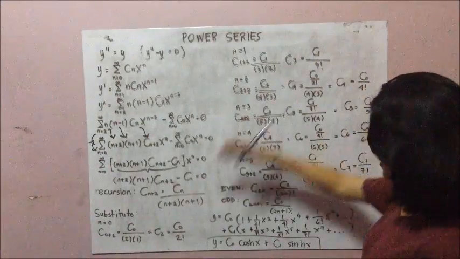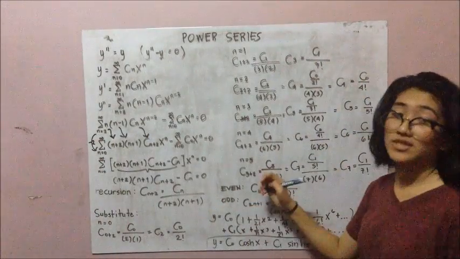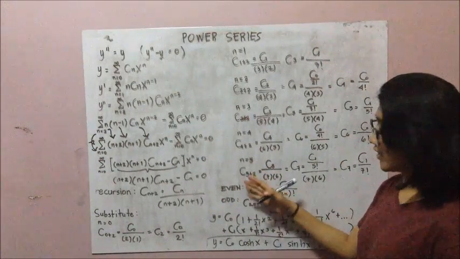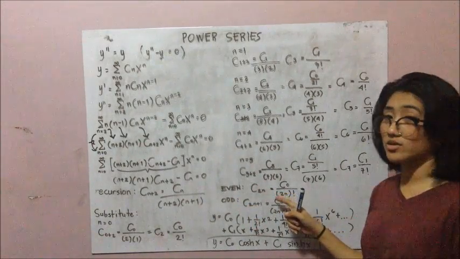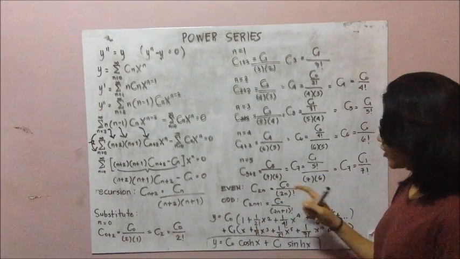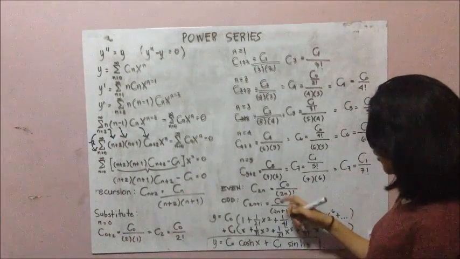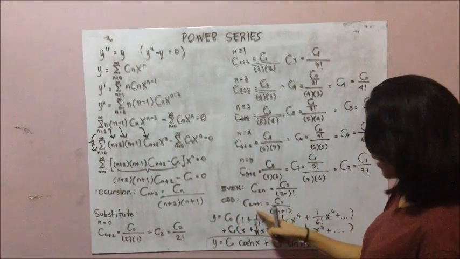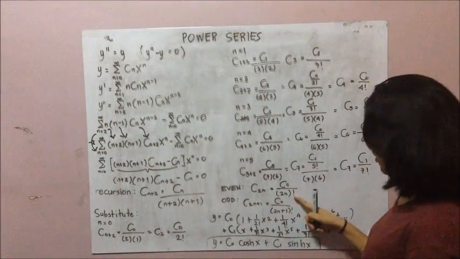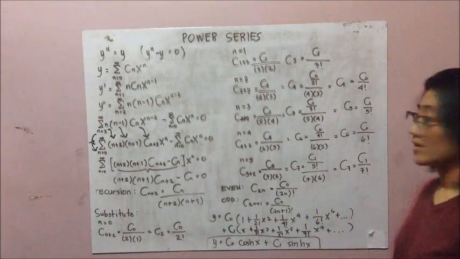As we simplify this, we come up with a simplified formula for even and odd indices. For the even, we have c_2n equals c_0 over (2n) factorial. For the odd, we have c_(2n+1) equals c_1 over (2n plus 1) factorial.